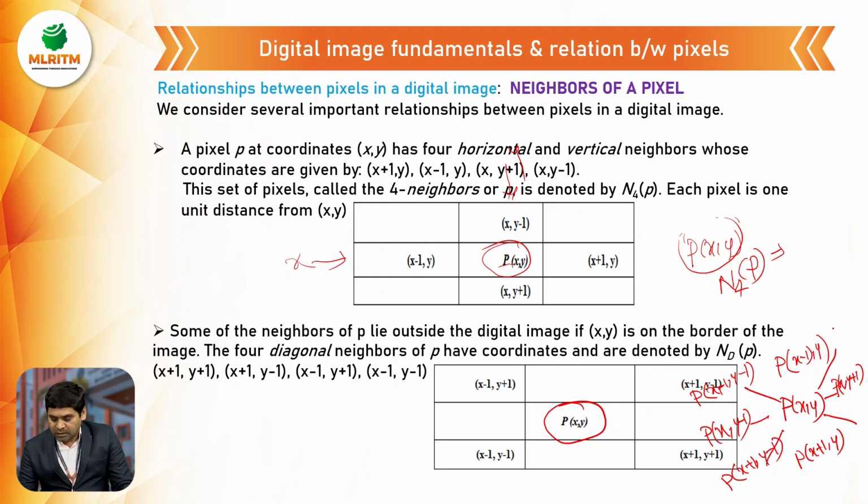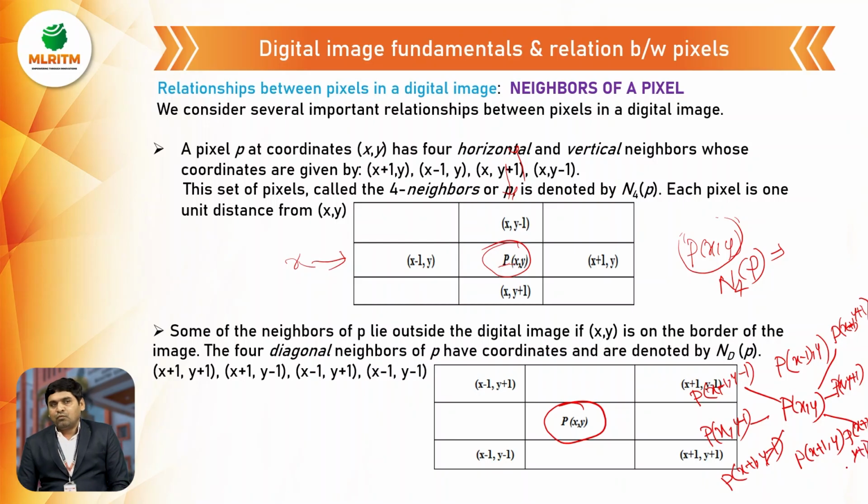In a similar manner, top right is p of x minus 1 and y plus 1 column. Next, down right is p of x plus 1 comma y plus 1.